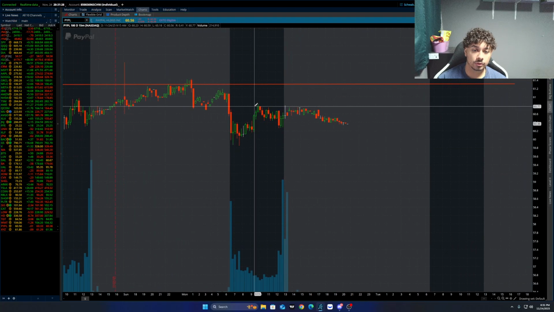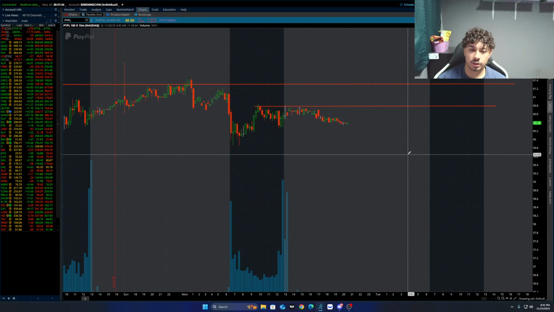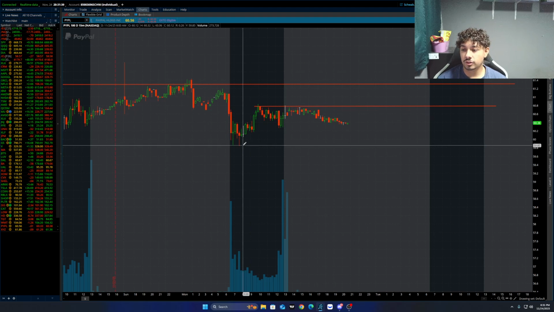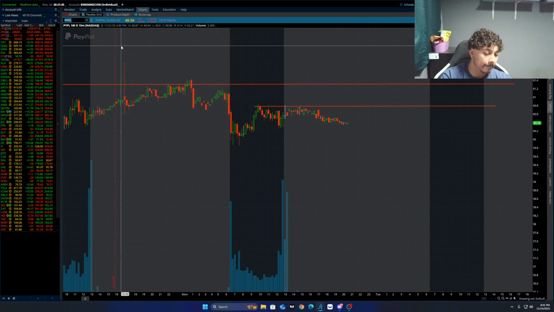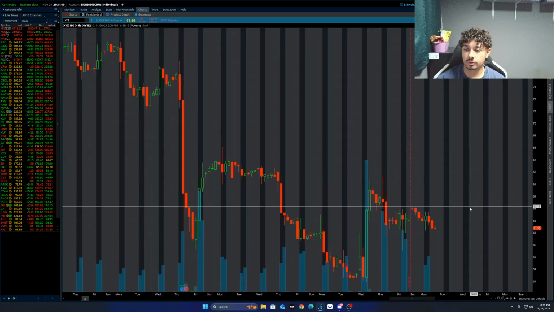Let's just draw it out just to have it there for you guys. It's red, so rejection, and then take it to today's low. So from 60.38 to 59.85. So that would be my way of trading that. But I probably wouldn't touch it, to be honest.